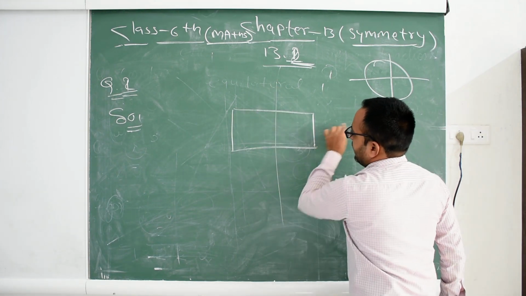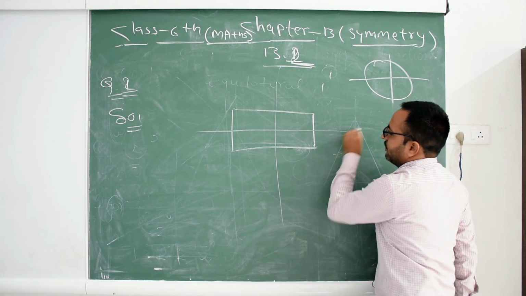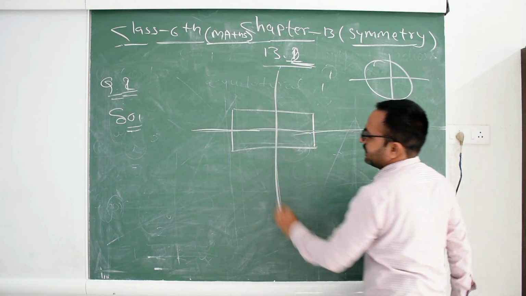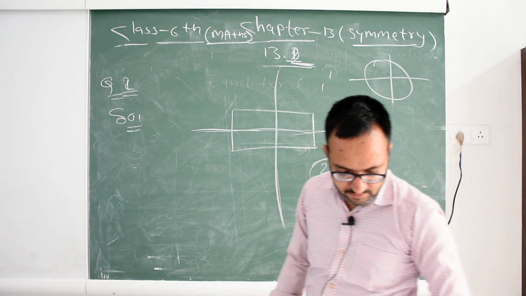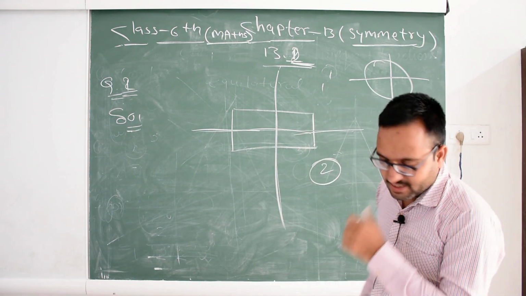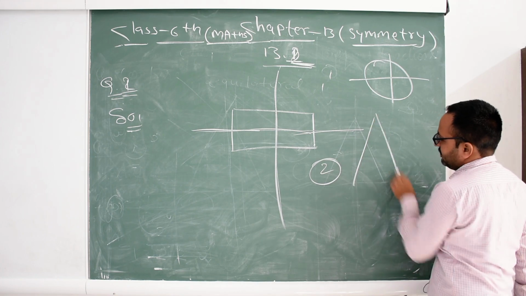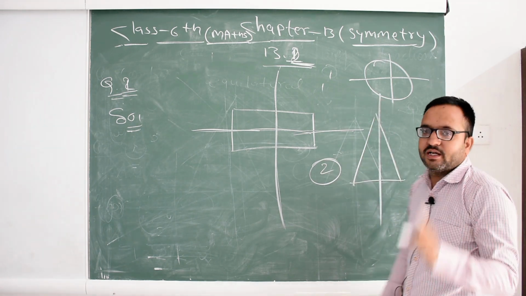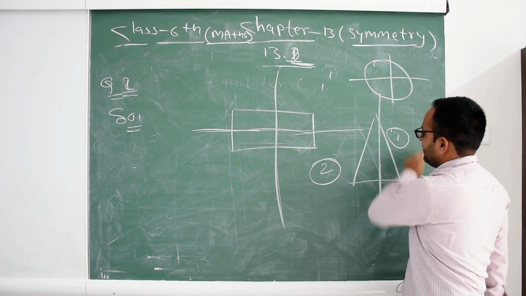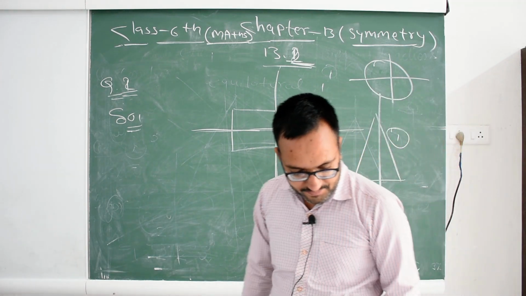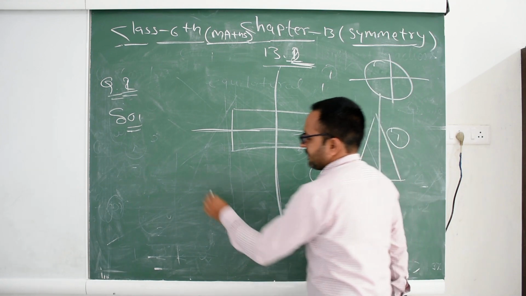So 1 and 2, how many lines of symmetry? 2. Only 2 lines of symmetry. Now the isosceles triangle, we already know only a single line of symmetry. How many lines of symmetry? Single line of symmetry.